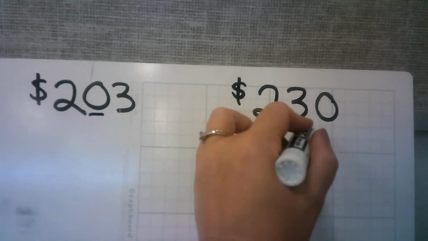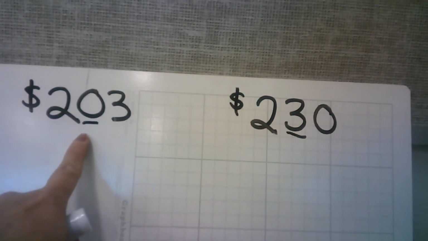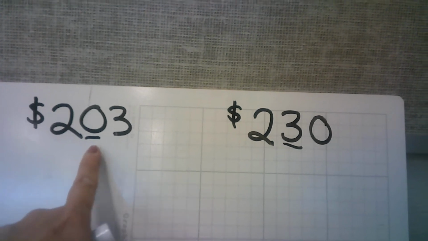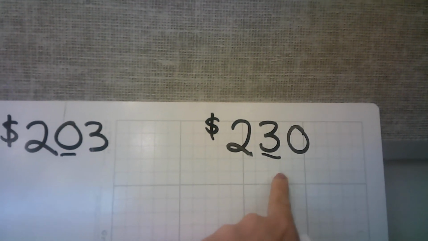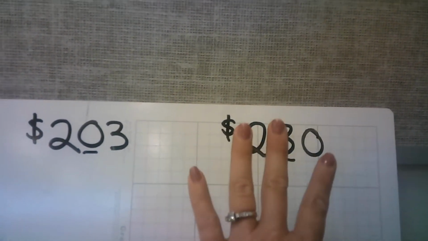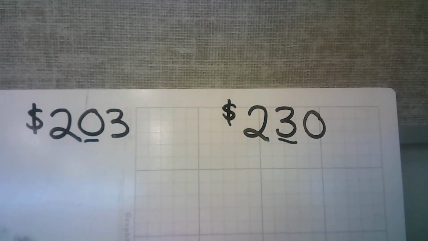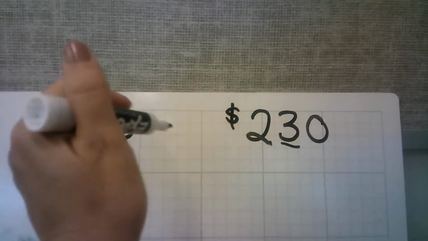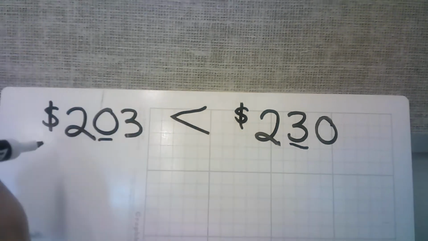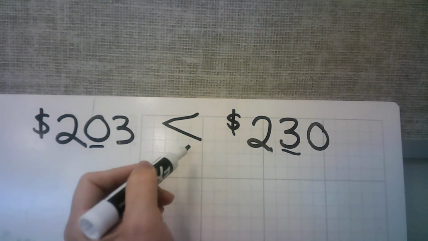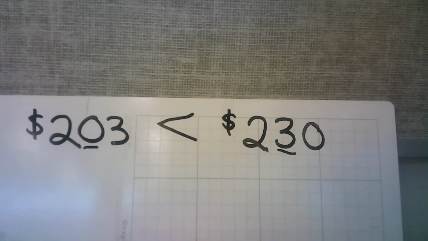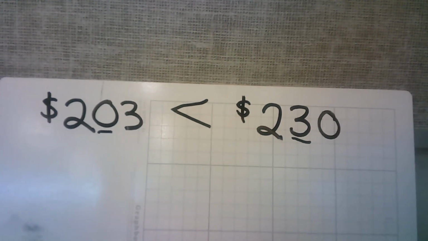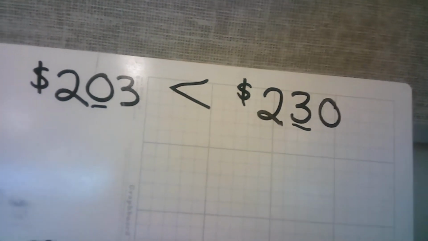We're going to look at the tens. And I can see, oh, here I have 0 tens, and here I have 3 tens. This is a lot more. So now we don't even have to look at the ones because we can tell by the tens that $203 is less than $230. And then we're finished with that problem.